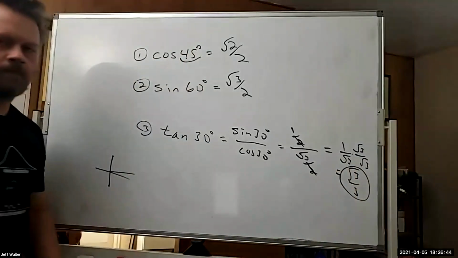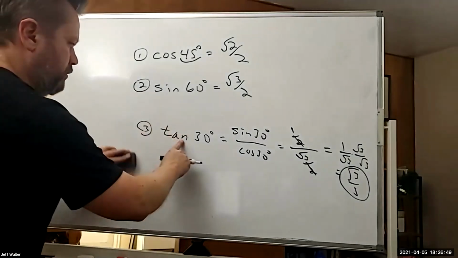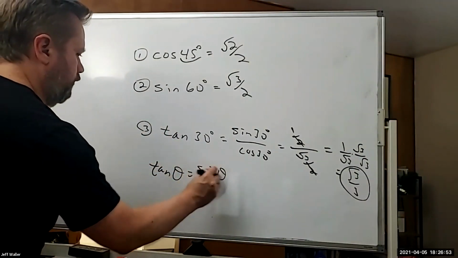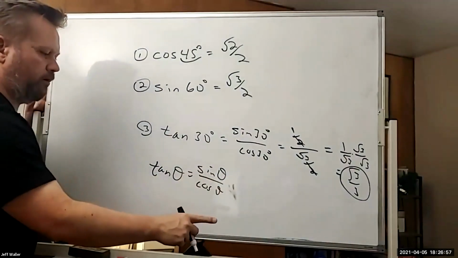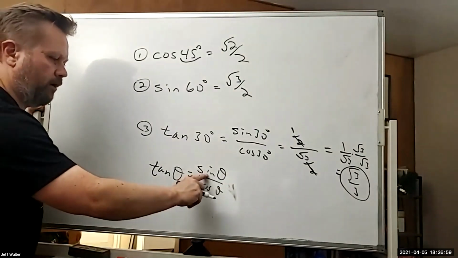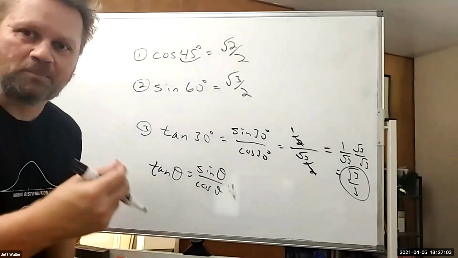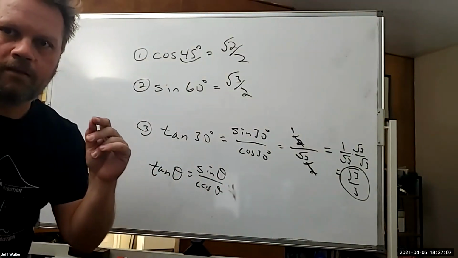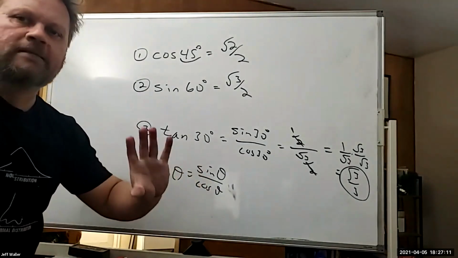I like it. So a little thing about tangent. Since tangent is sine over cosine, let me see if this makes sense. It will be bigger where sine is bigger. It will be smaller where sine is smaller. Because it's directly equal to sine and inversely equal to cosine.